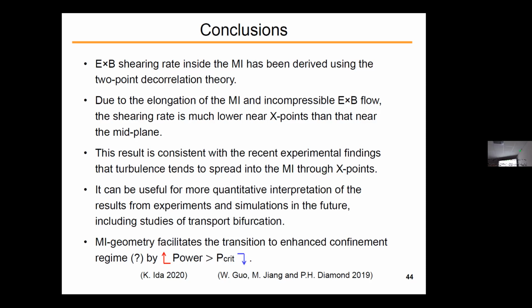So I think this is a very interesting problem, and if you have enough interest and energy, please look at this problem. Okay. Merci beaucoup. C'est tout.